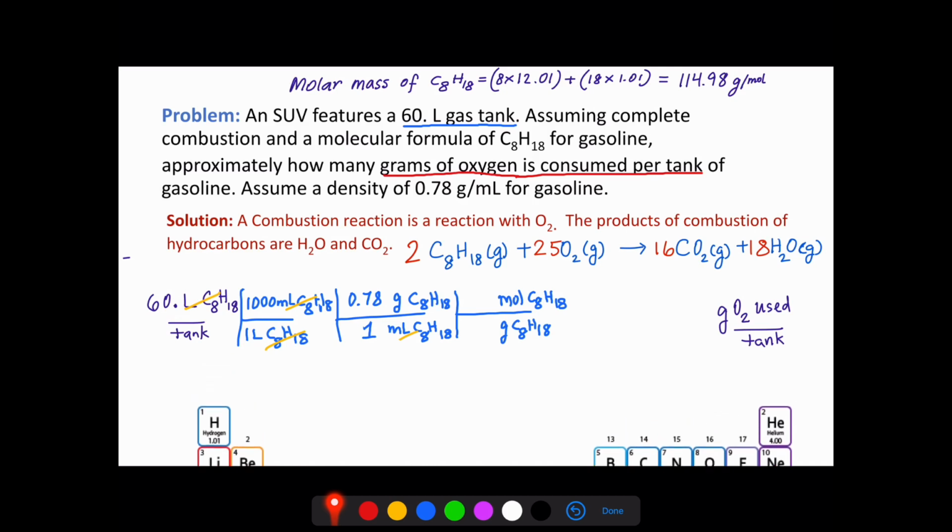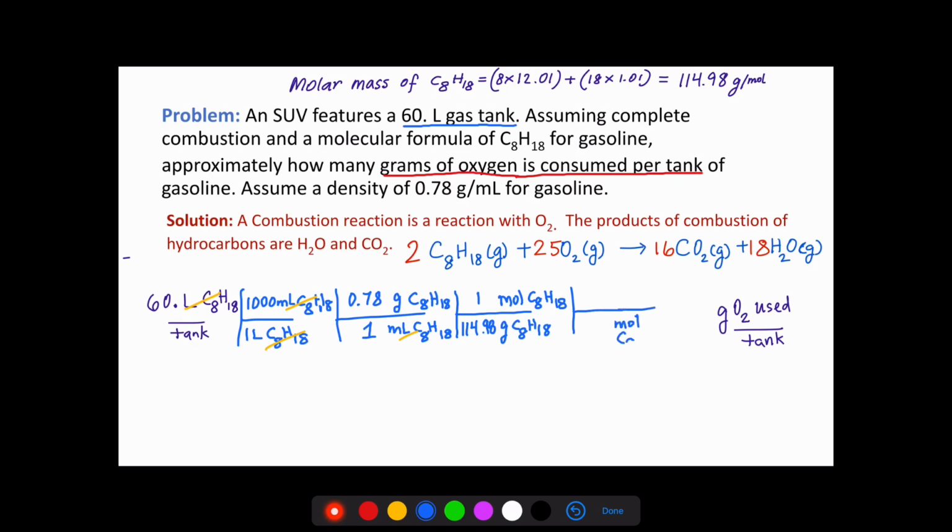So I put the number there. So I have 1 mole of octane is 114.98 grams.